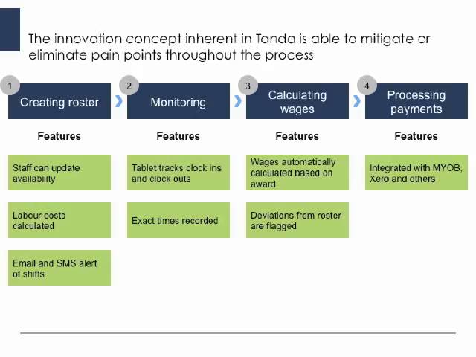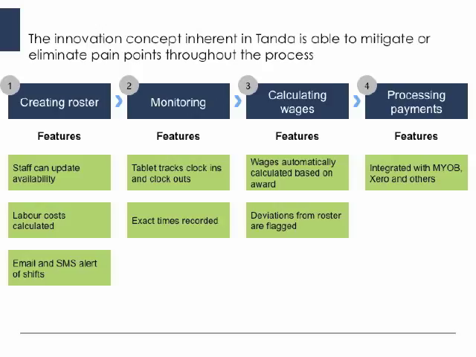In terms of monitoring, in each store, a wall-mounted tablet allows employees to track themselves by clocking in and clocking out at the beginning and end of their shift using a unique identifying code. And this allows for the exact times to be recorded.